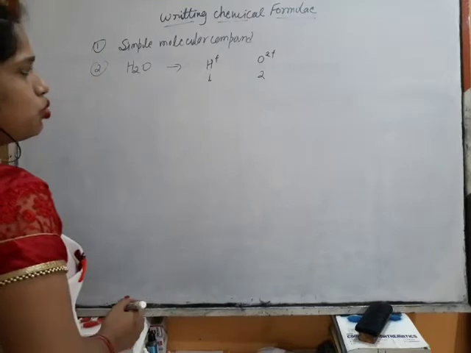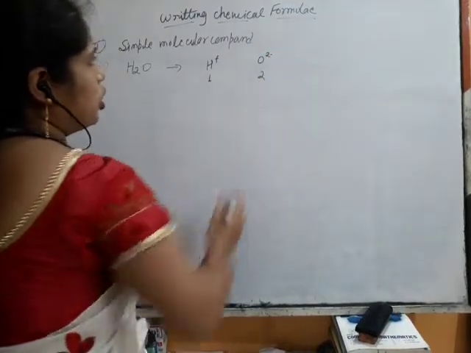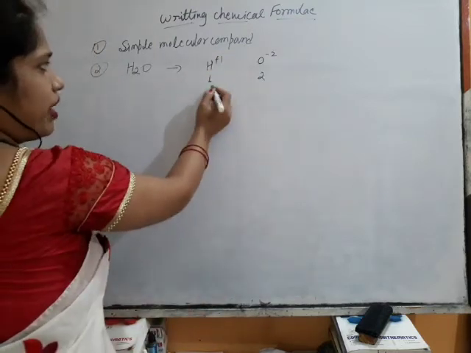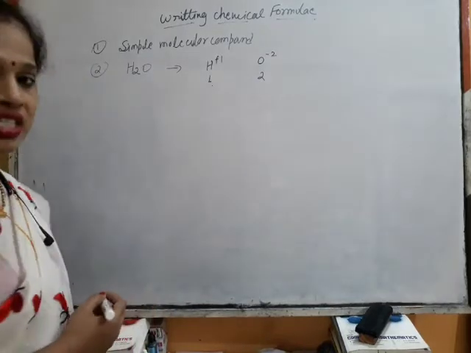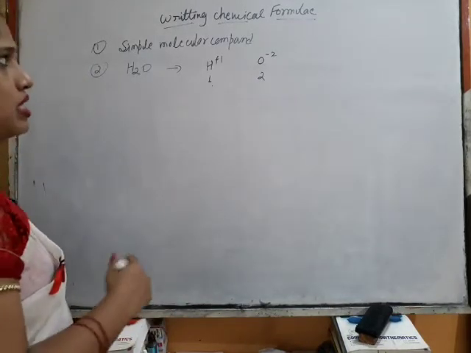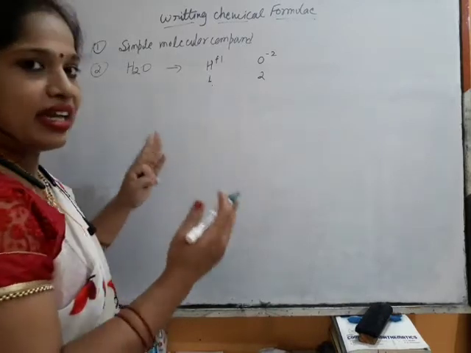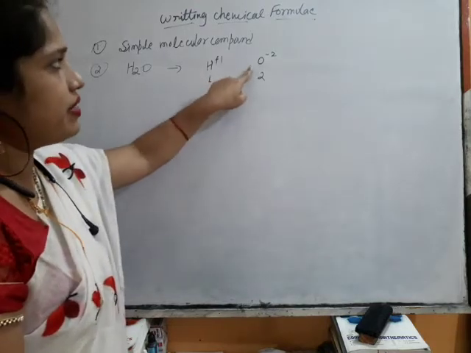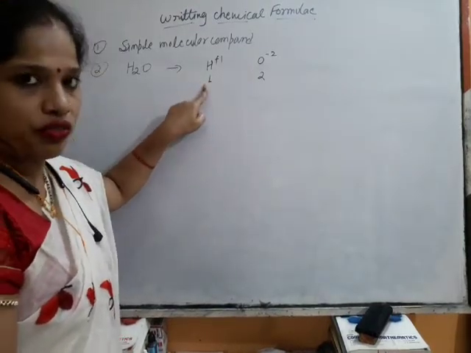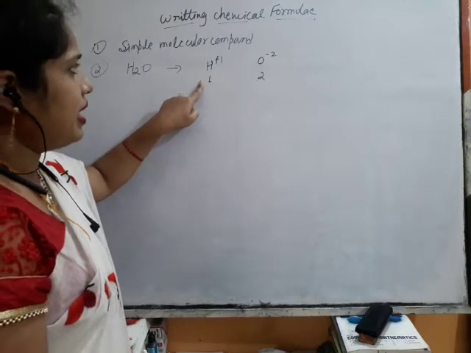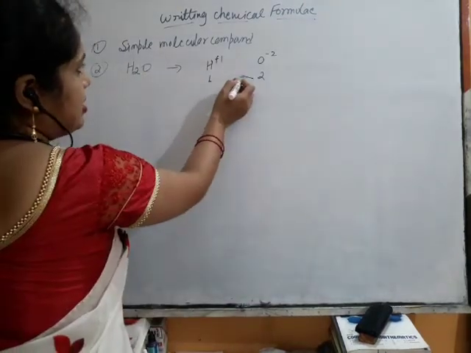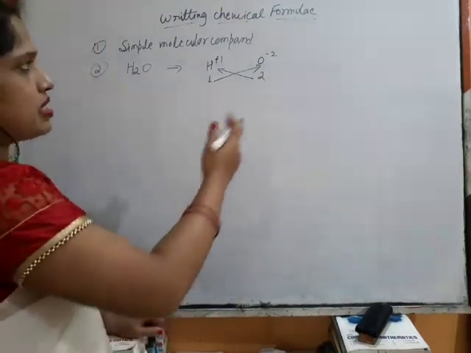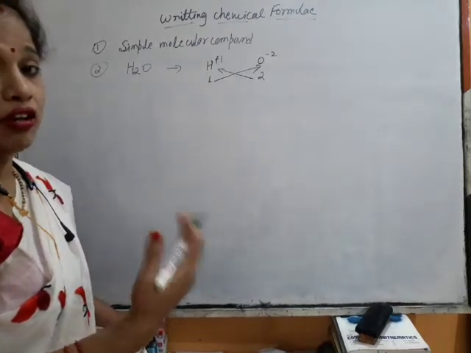The valency of the hydrogen ion is 1, and the valency of the oxygen ion is 2, that is, minus 2. To write the chemical formula, we write down the positive ion as well as the negative ion, write their valencies, and the valencies will cross multiply, or be cross placed, with each other to give the chemical formula.